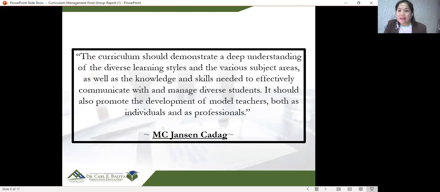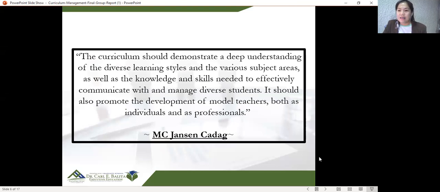So in that case, yung kayang ibigay ng student sa ating learning ay hindi nalilimit yung skills at knowledge na meron siya.